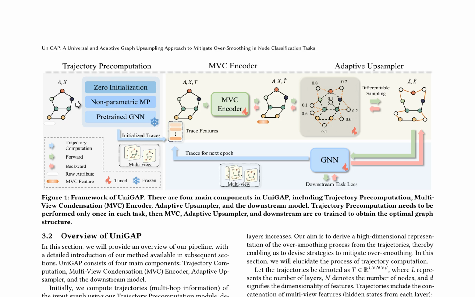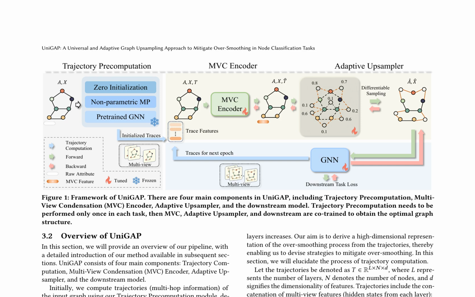A differentiable upsampling operation S is employed to obtain the augmented graph G' = (A', X') = S(P). Finally, the augmented graph is input into the downstream model D_ψ for specific tasks, such as node classification.